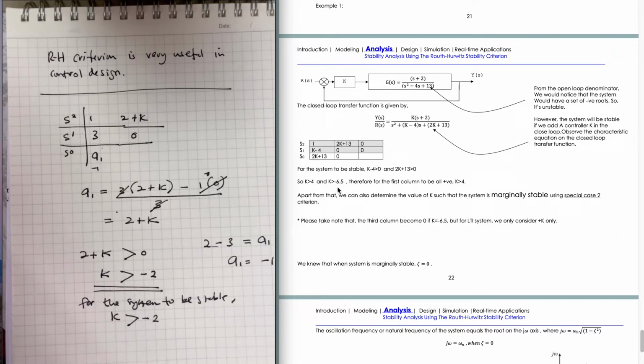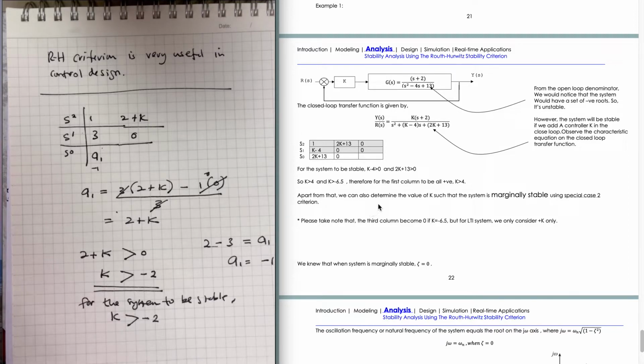So we just take one criterion to make sure that the system is stable. Otherwise, if we take 3, although it fulfills this criterion, it doesn't fulfill this one, so we just take this as the range of k.